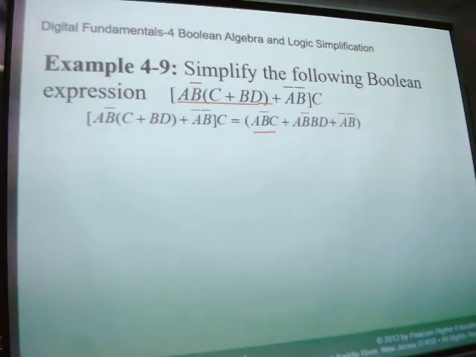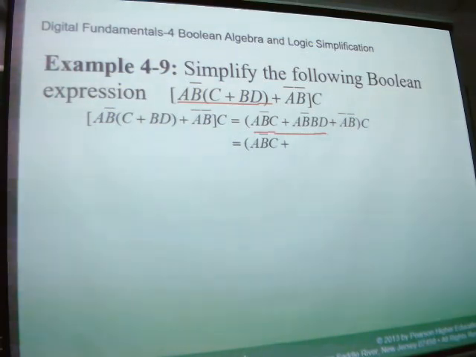Right? And A bar, B bar, and C. Then we know that B bar and B equals 0.